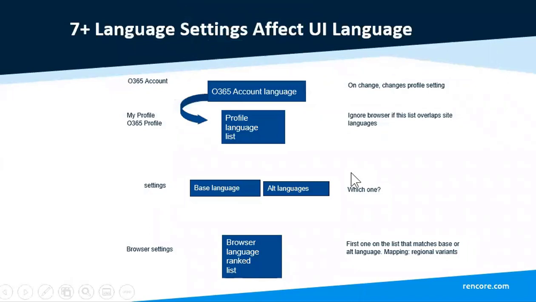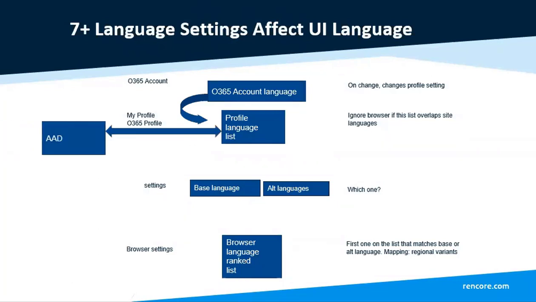In addition to your user profile, you also have an account language setting. So your account language is going to affect your user profile language. When you change your account setting, it's going to change your user profile language preferences, which in turn affects other parts of Office 365.